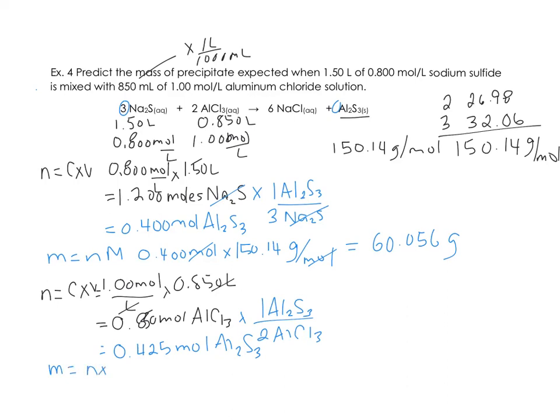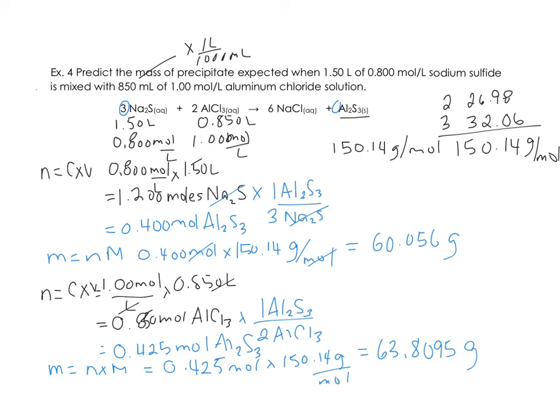So moles times molar mass, 0.425 moles times 150.14 grams per mole equals 63.8095 grams.